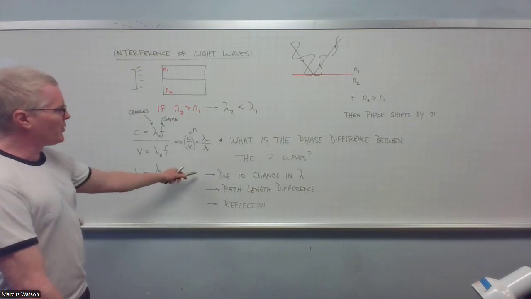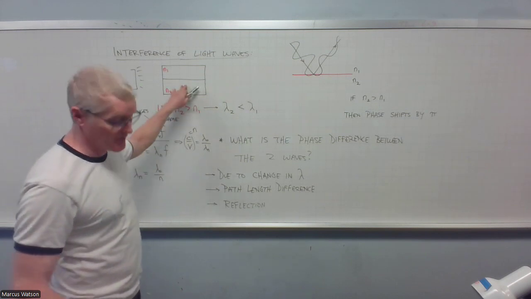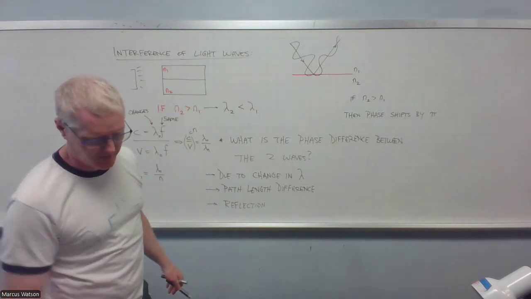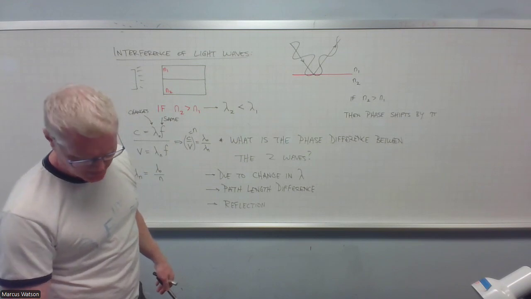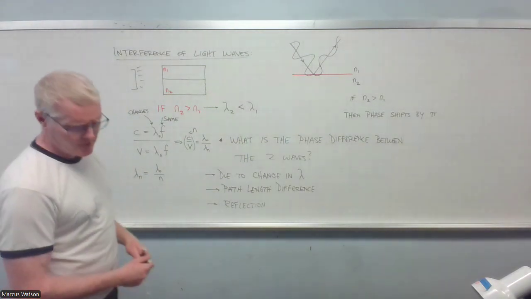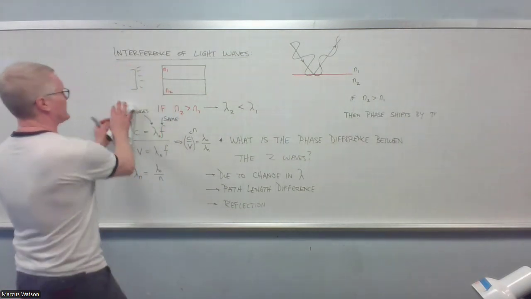We'll start off with ones due to a change in just the wavelength by itself. All right, so a situation like this, I'll do a quick example of something like that.